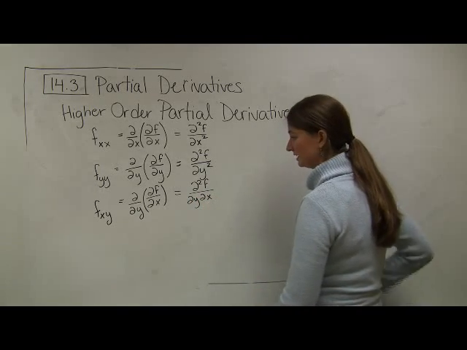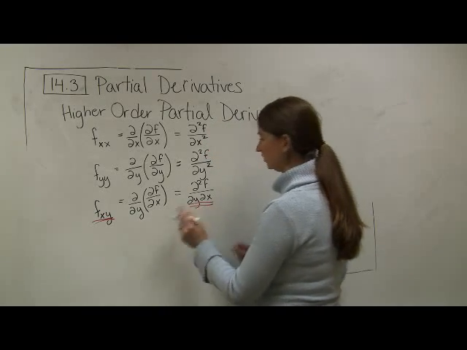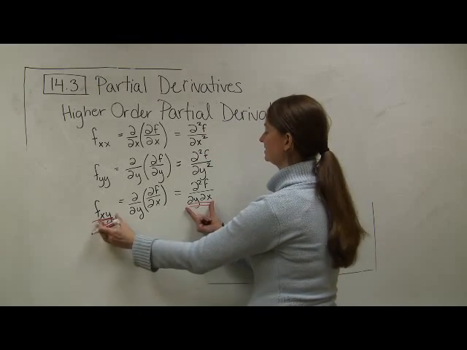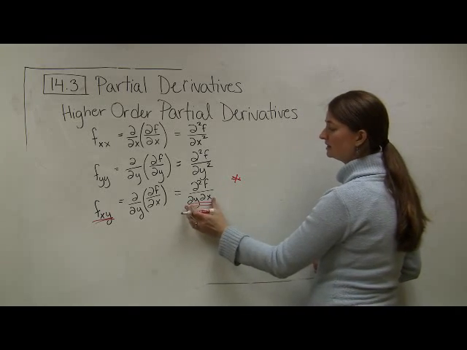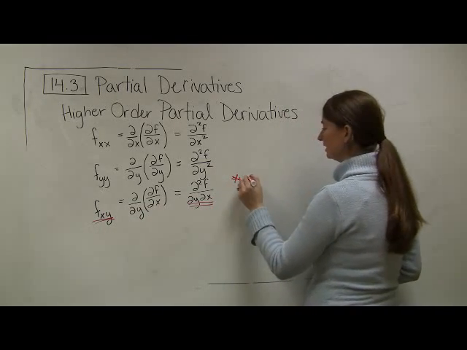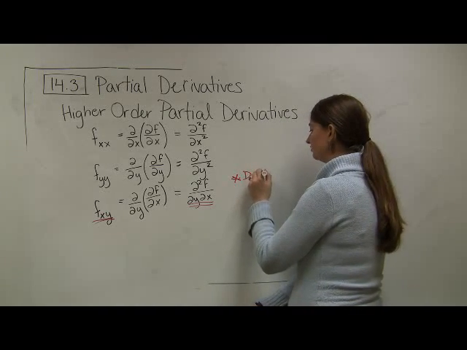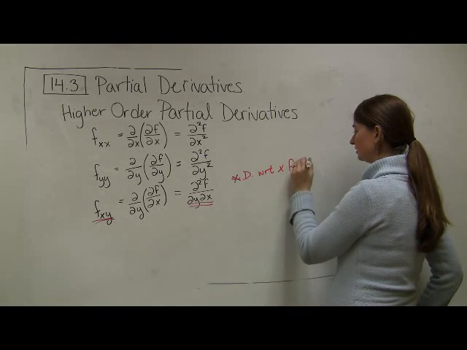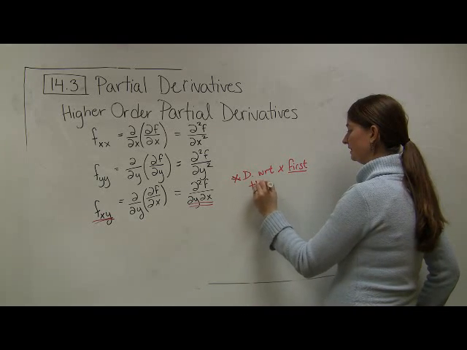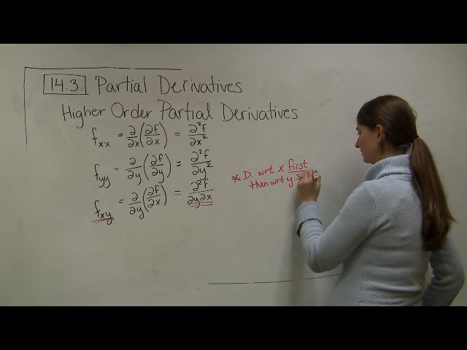This is where I'll write in red. So notice how the left to rightness of the x's and the y's switches. And I'll write in the star. Both of these notations mean the derivative with respect to x first, then with respect to y second.